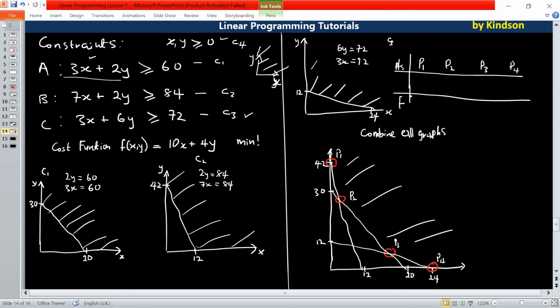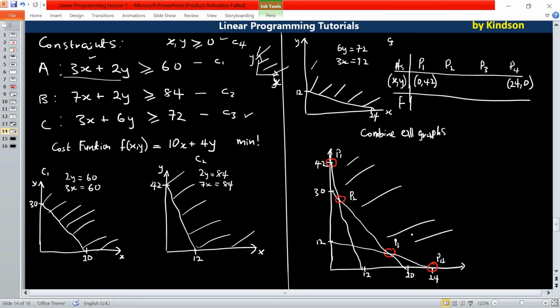This is F, and this should be X, Y. So for the first point, we have 42 as Y and X to be 0. So we can say the point for P1 is 0, 42, right? Good. What of P4? P4 will be 24, 0, right? Good.